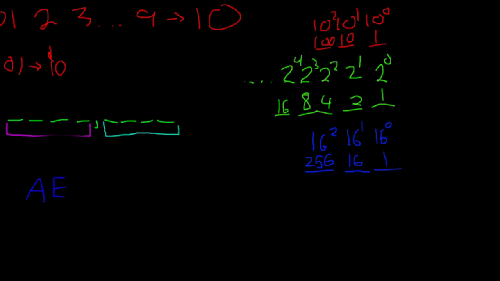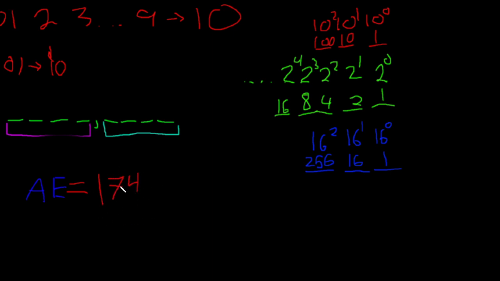But I guess we'll figure that out real quick. So A is 10. I should have kept that written down. A is 10, so that means there's 10 16s. So it's 160 plus E, which is 14. So 160 plus 14 is 174.